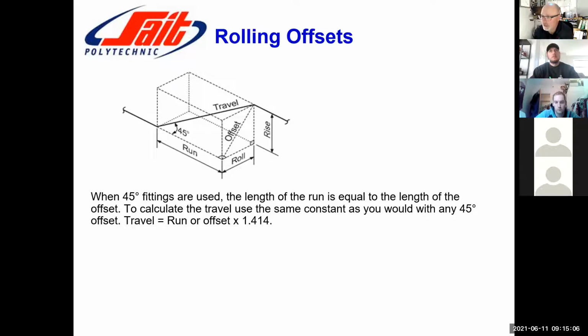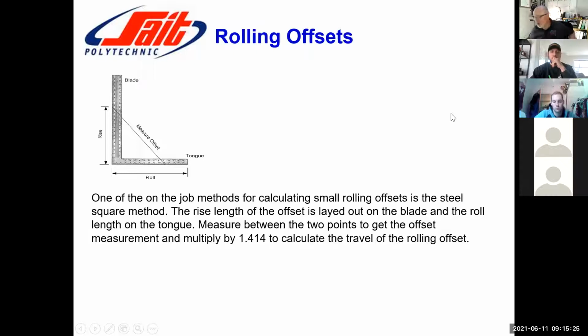That's how we get the travel. It works exactly the same. Getting the run and the offset is a little bit different. We just have to calculate that first before we multiply by 1.414.